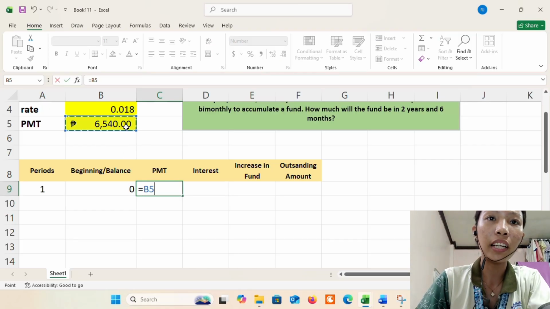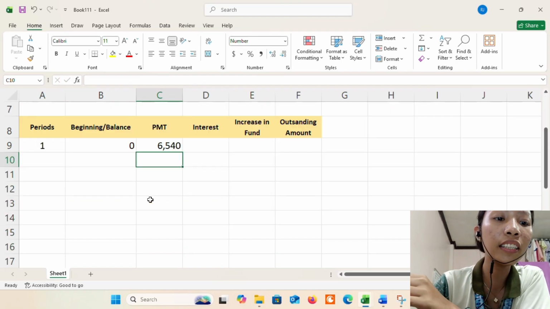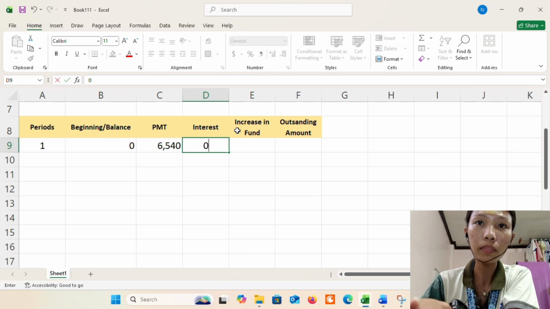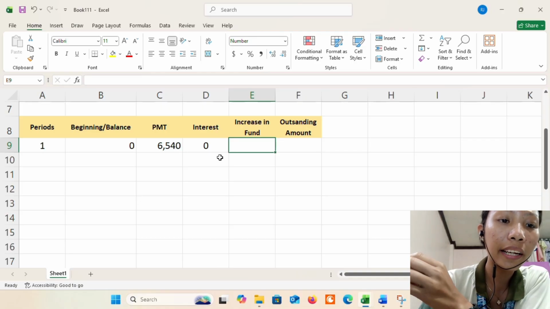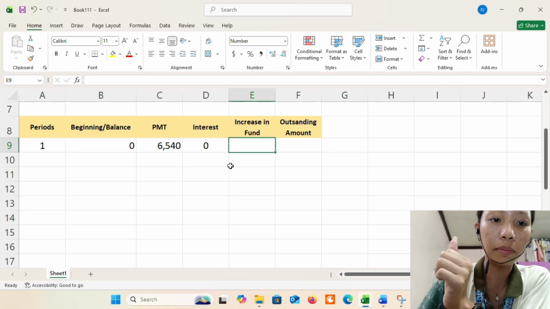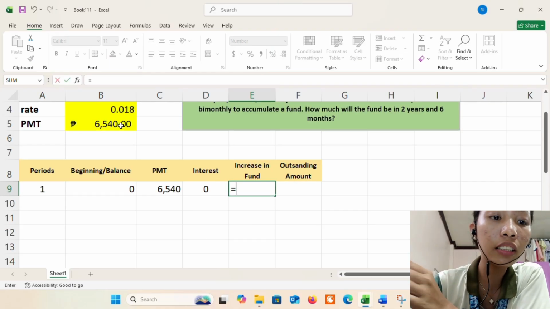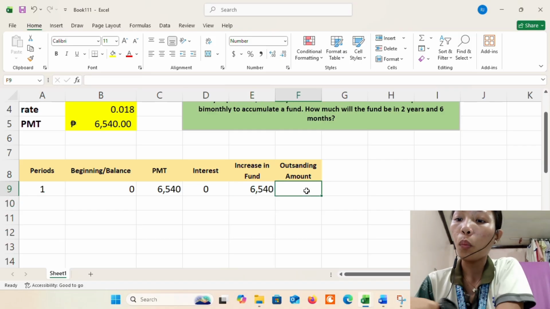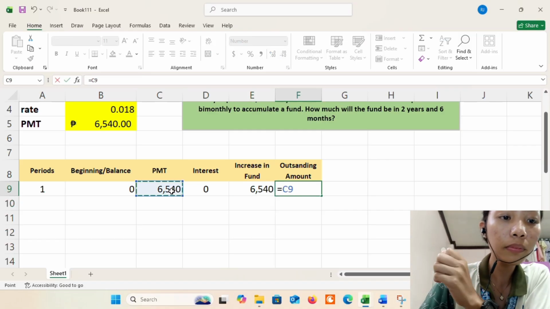Next, the interest in the first column will always be 0. Next, in increase in fund, what we're going to put here is our PMT also. And in our outstanding amount, we're going to put this PMT.